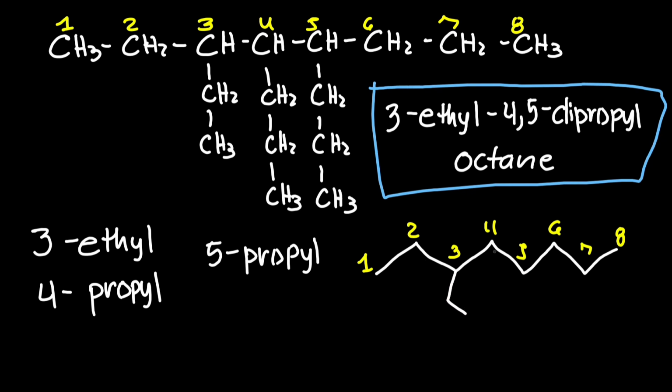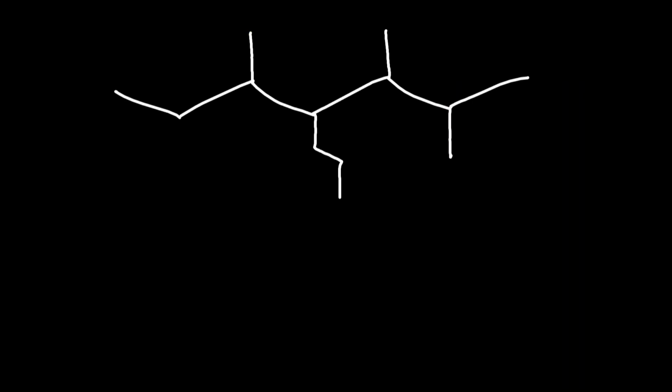For the fourth one, it has propyl, 3 carbon. And on the fifth one, 3 carbon again. Remember, every point here represents a carbon.